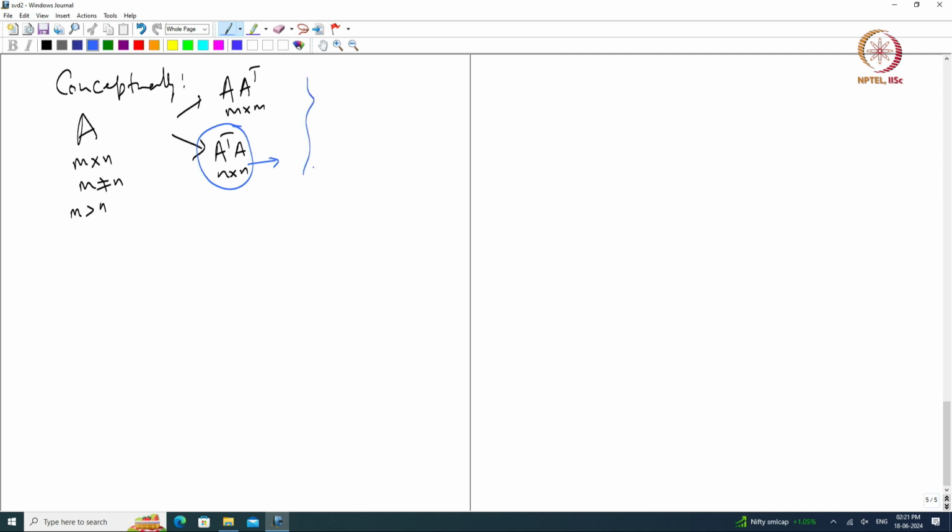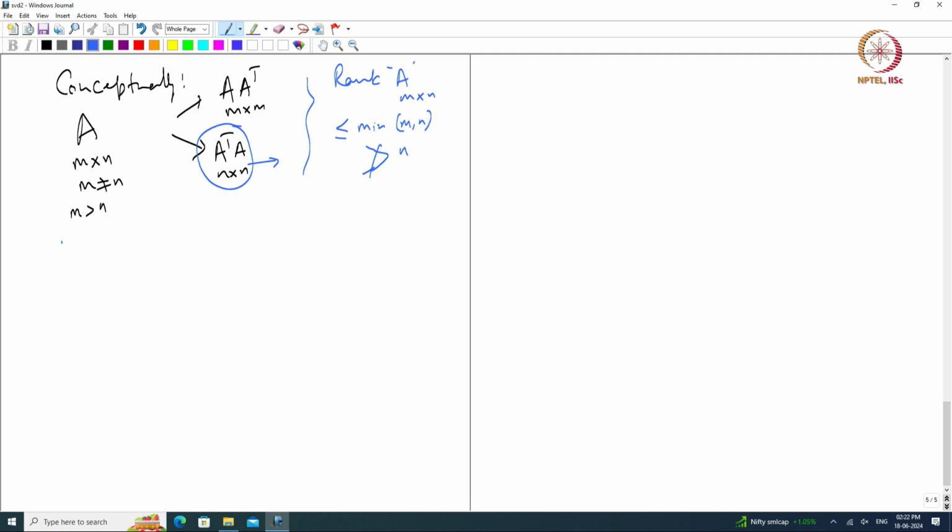We also know something, the rank of A which is m cross n is always less than or equal to the minimum of m comma n. Okay. So, the minimum of m comma n, in this case, will be n. So, the rank of A cannot be greater than n, at most n.